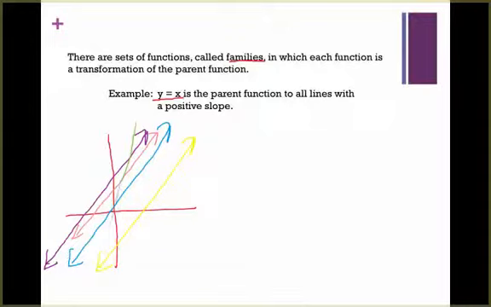All of those graphs would be in what we call a family of functions. They all make up the family, and the graph of y equals x would be the parent function, because all of those other graphs are formed by just taking y equals x and doing something to it. Shift it, stretch it, compress it. And that's what we're going to focus on throughout this section.